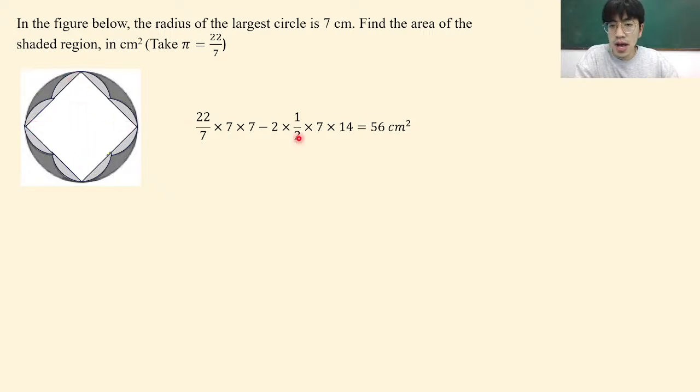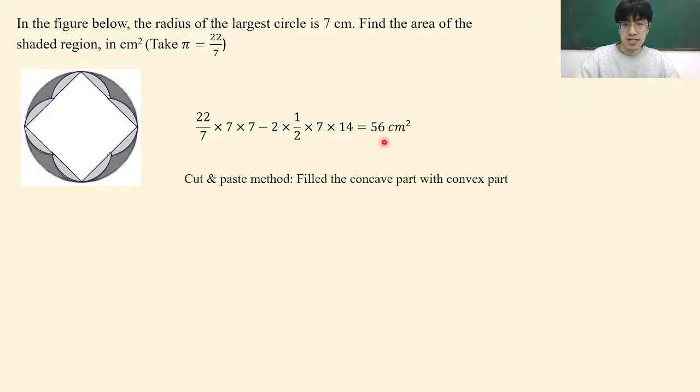And since this is a square, we can multiply this by 2 to get 56 centimeters squared. So taking the total area and subtracting the unshaded part, we get 56 centimeters squared, which is the answer to this problem. So the area of the shaded region is actually 56.